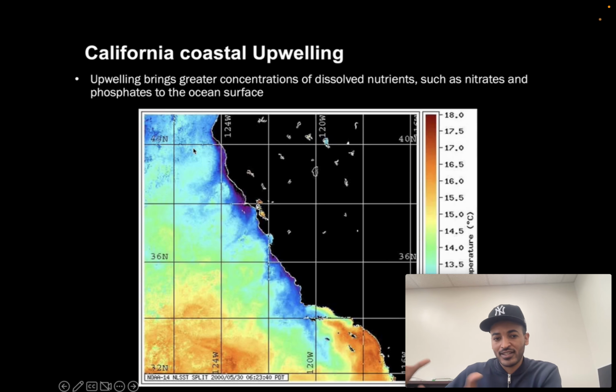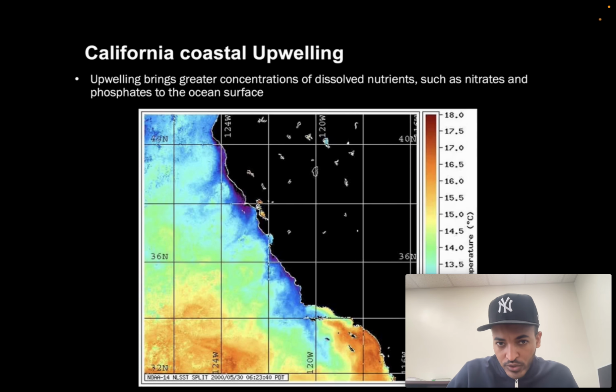Simply, upwelling is the transport of deeper water from the bottom layer of the ocean, which is also rich in dissolved nutrients, to the surface, right? That movement we call upwelling.